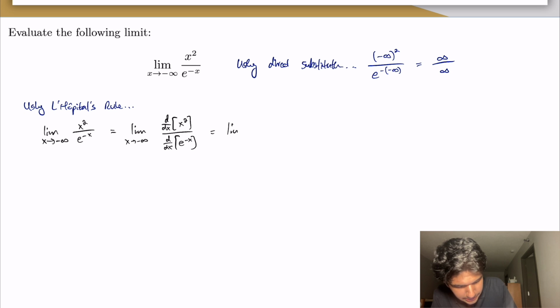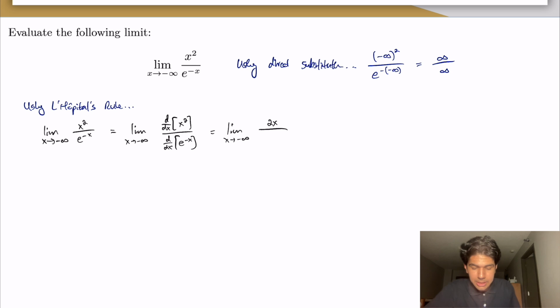Okay, so we can maintain our limit as x approaches negative infinity. The derivative of the numerator is the derivative of x squared, which is simply just 2x. And the derivative of e to the negative x in the denominator is going to be negative e to the negative x. We can try using direct substitution here to evaluate this new limit.